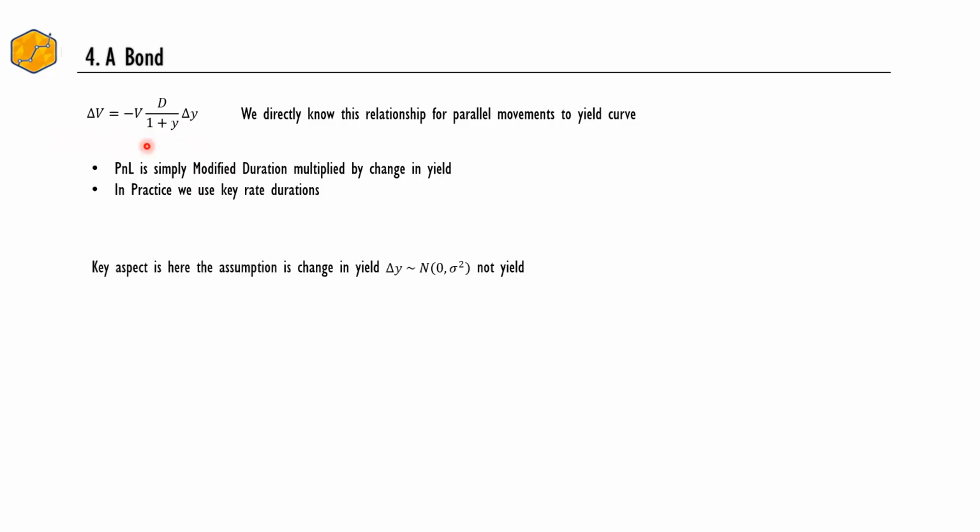Okay, so the key assumption here is, please understand, look at this, delta y is the one that is normally distributed, not just y. This is a key mistake that I see people make over and over. So don't make that mistake. All right. So here I am saying again that assuming delta y is normal induces normality in PnL.